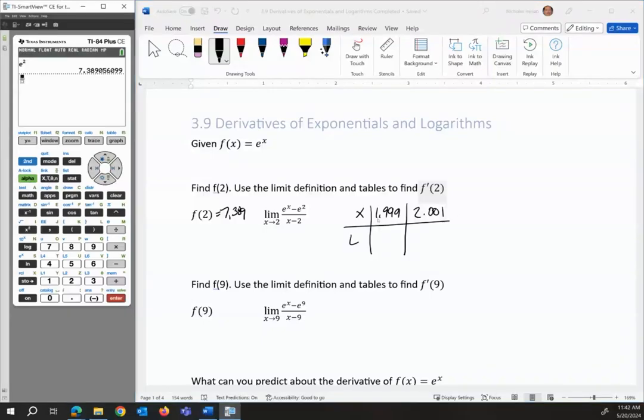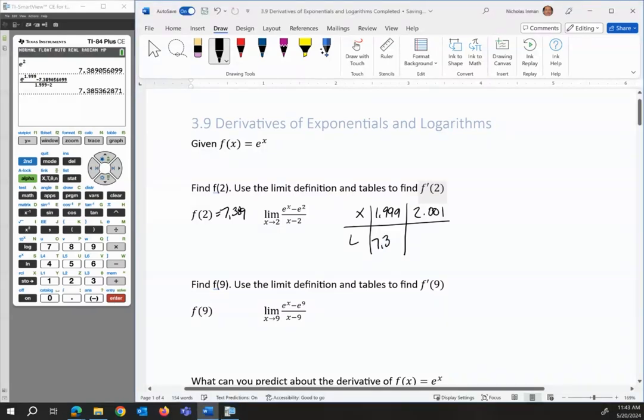For the left side limit, we do e to the 1.999 minus e to the second over 1.999 minus 2. And look at that, we get 7.385.